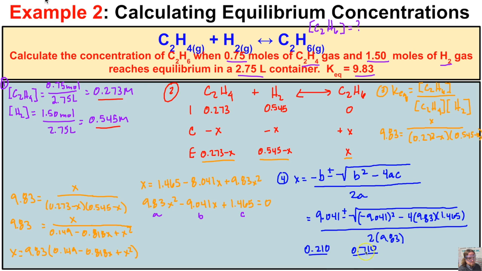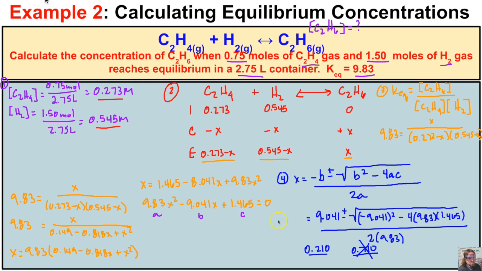So which of these 2 answers is going to be the correct answer? Well, if it's 0.710, if we take 0.273 and we subtract 0.710, we're going to end up with a negative concentration, and that just can't be. So this right here is not going to be our correct answer. So what is the concentration of our C2H6 once this system has reached equilibrium?